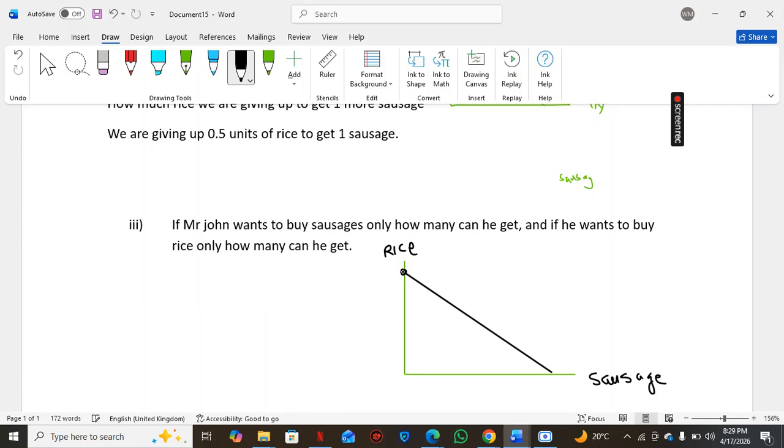This one here is the first intercept. This intercept here is the y-intercept because the line is cutting the y-axis. So this y-intercept is just going to tell you how much rice you can buy if you don't buy any sausage. How you get that is just your income over the price of rice.